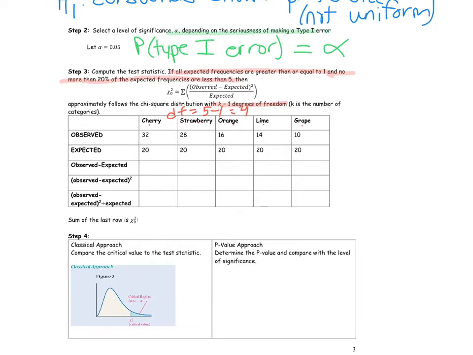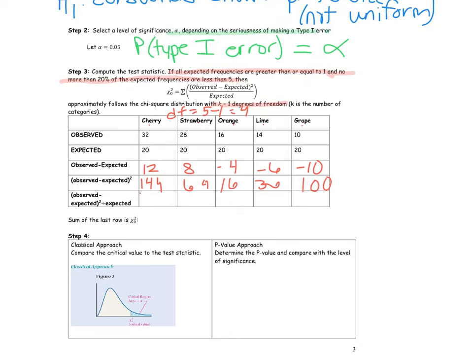Okay, so let's go for each category. Notice we have the expected here, and we're going to do observed minus expected. So 32 minus 20, 28 minus 20, 16 minus 20, etc. Let's square it. And then we're going to divide by the expected.